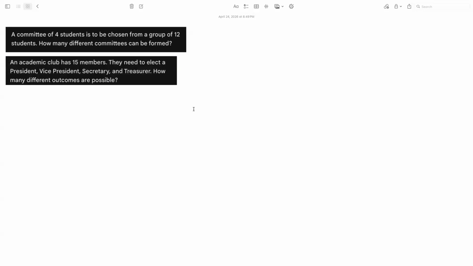An academic club has 15 members. They need to elect, see, when they ask for probability, you go for a fraction. That is the complication, okay? But these how-many-number-of-ways questions are easier than probability. Can you try? An academic club has 15 members. They need to elect a president, vice president, secretary, and treasurer. How many different outcomes are possible? It's a little complicated.